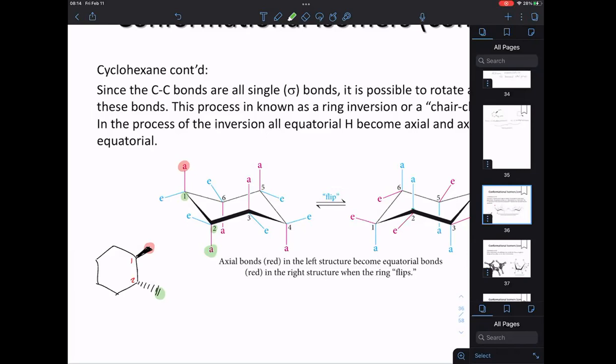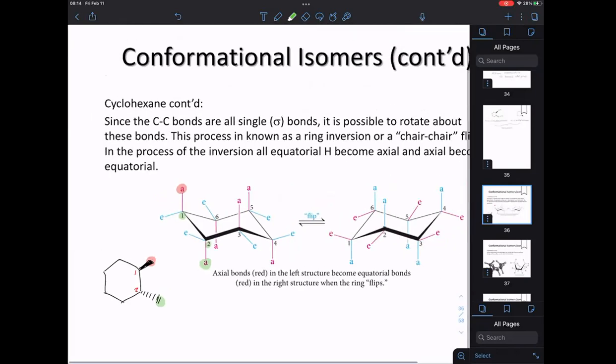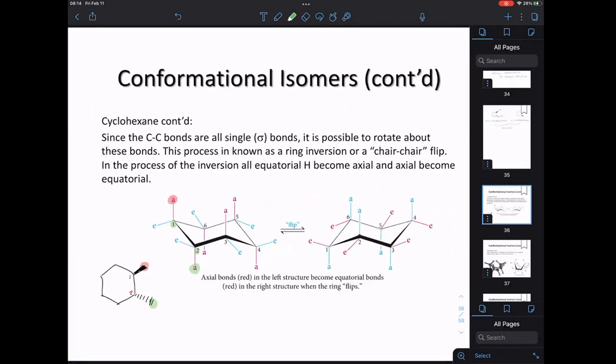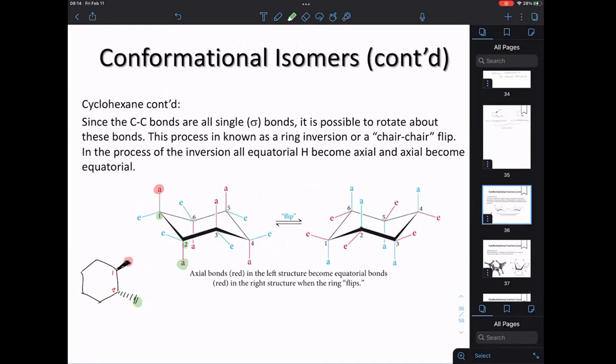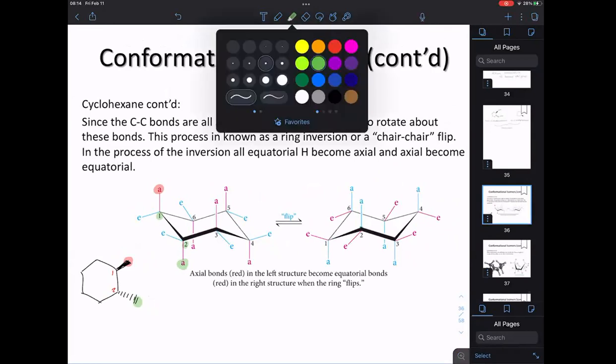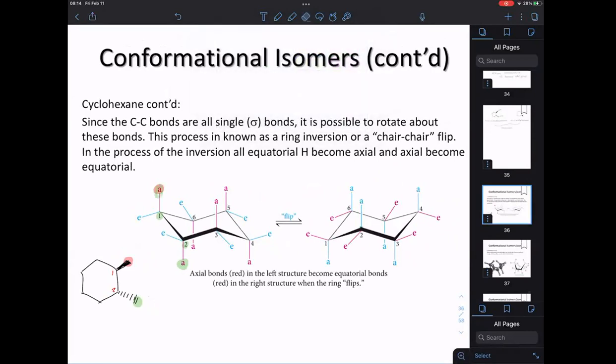Okay, but then this structure actually can flip back and forth between these 2 chair structures. Well, you can see it on that website that I showed you as well. It will give you the structure for both of them, but just to follow along here, let me get different color codings going on.